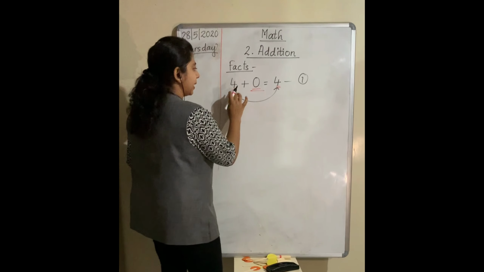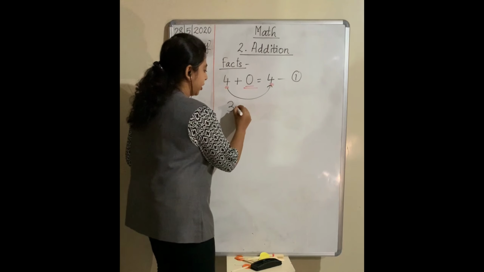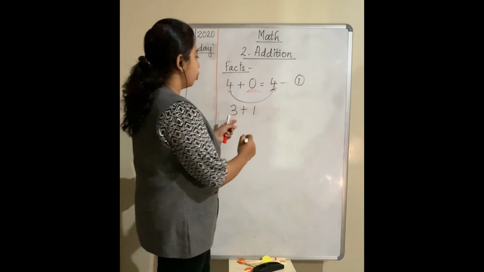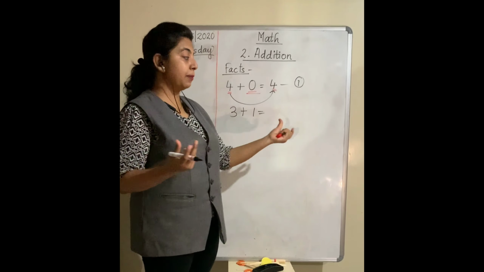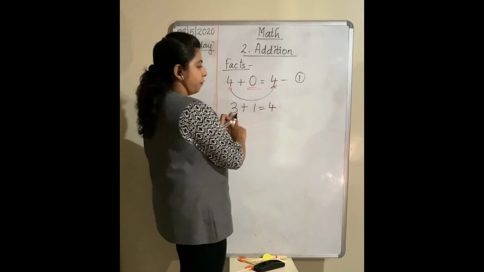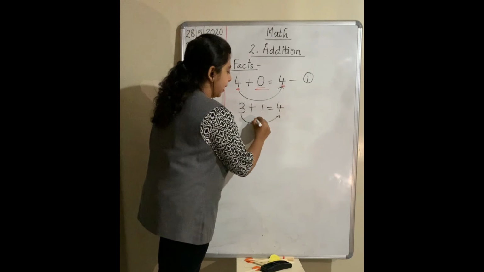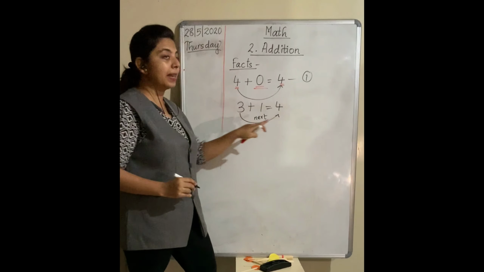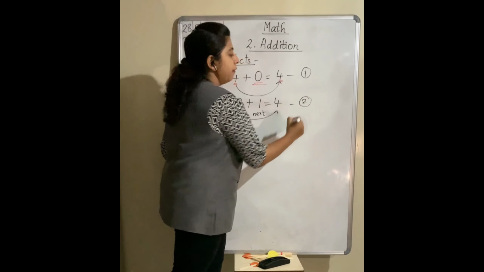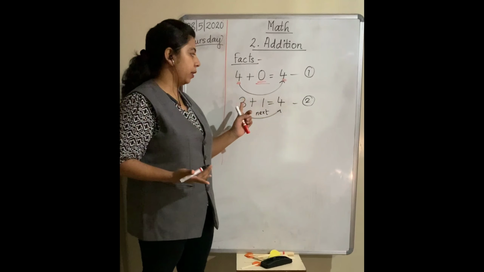Let's take the number 3 and add 1 to it. The sum, the answer, which I'm going to get is the next number. Remember, we get the next number when we add 1. So our trick number 2 is, when we add 1 to any number, the sum is the next number.